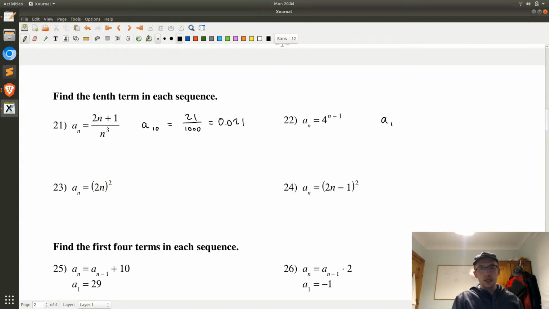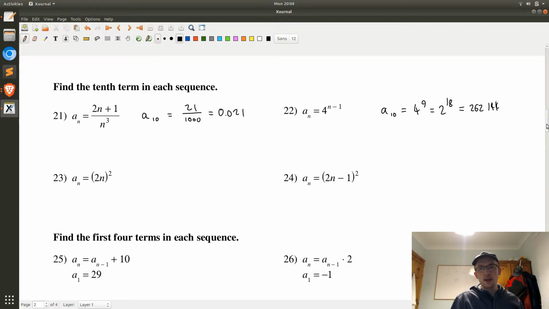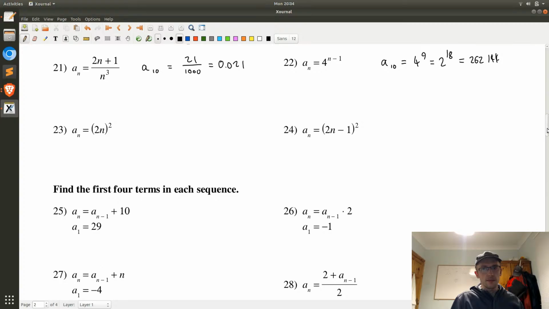A10 will be 4 to the power of 9, which is 2 to the power of 18, which is 262,144. And the reason why I know that is because I know the powers of 2 up to the 30th, I think. Something like that.